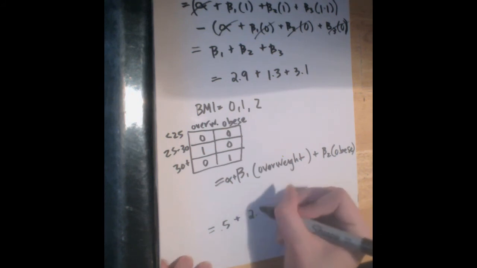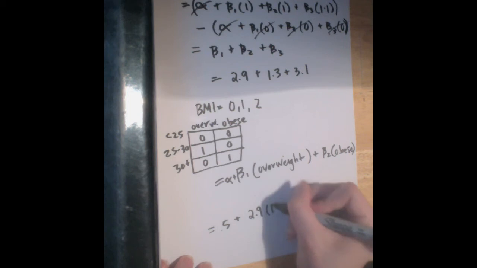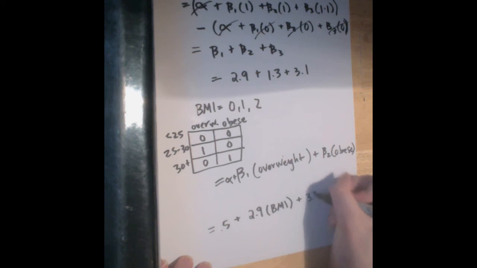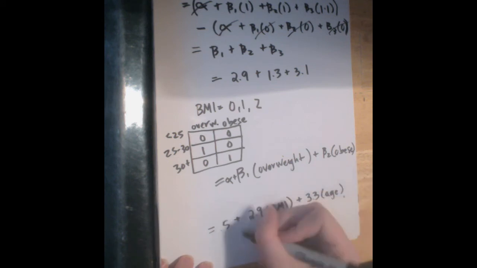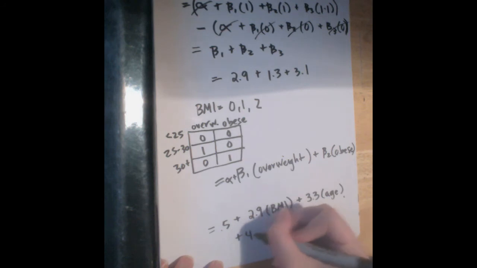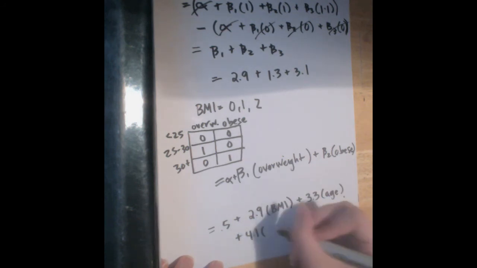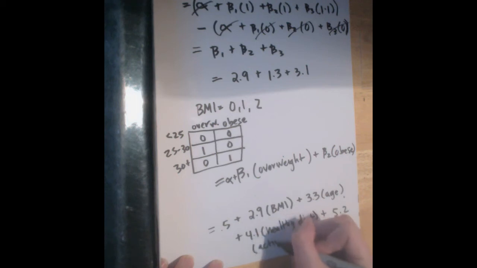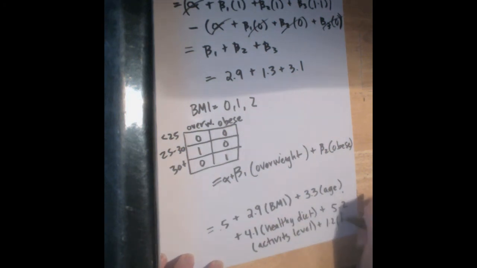So let's say it's 2.9 times BMI, and I'm totally making up numbers, 3.3 times age, plus 4.1 times, maybe we have a healthy diet variable, plus 5.2 times activity level, plus 1.2 times family history.